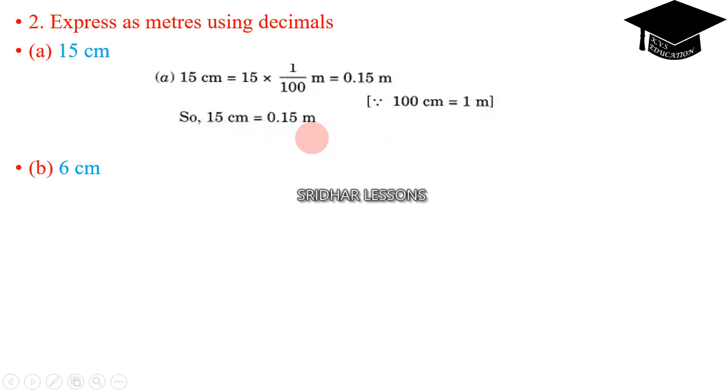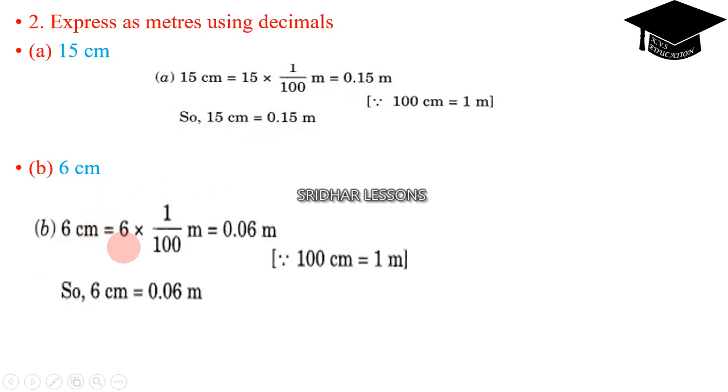That means 0.15 meters. Now 6 centimeters. 6 into 1 by 100 meters is equal to 0.06 meters. So 6 centimeters is equal to 0.06 meters.